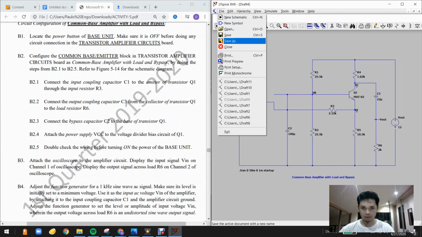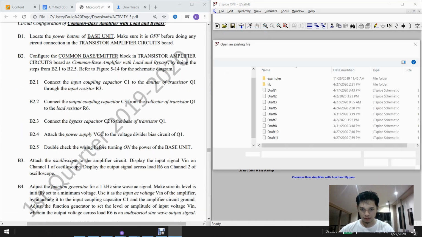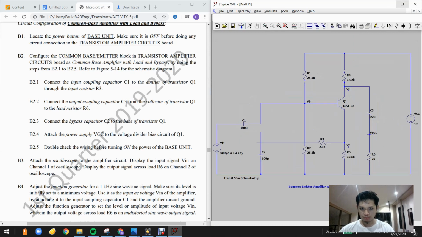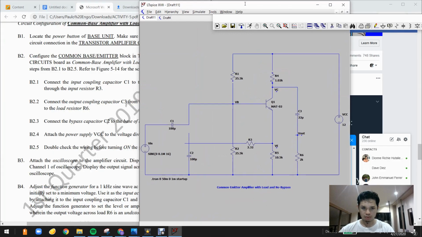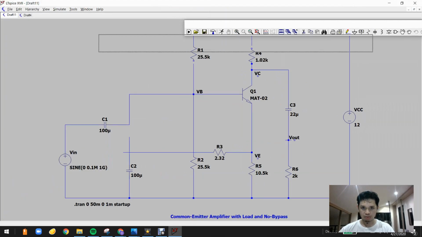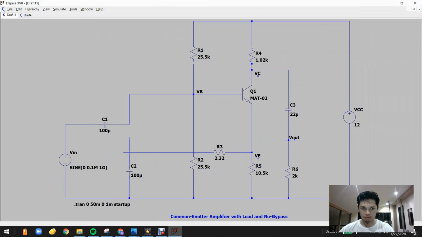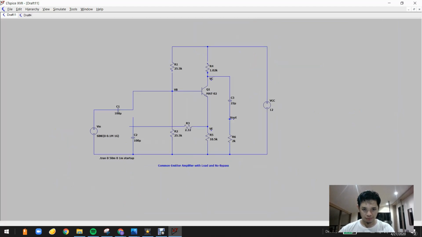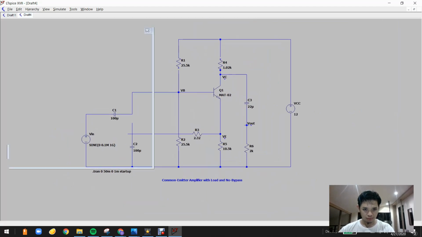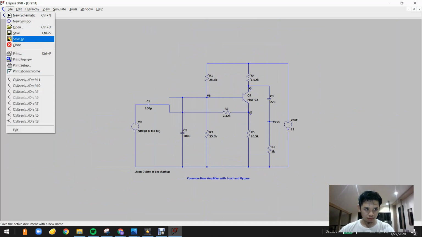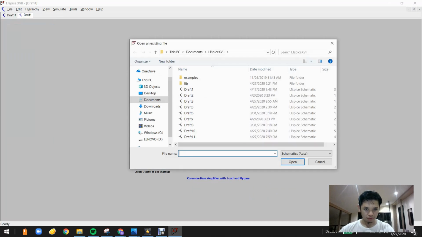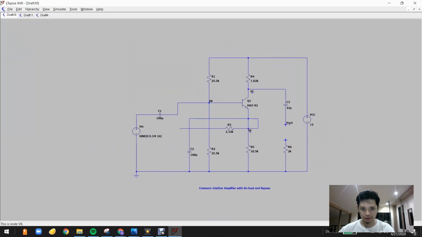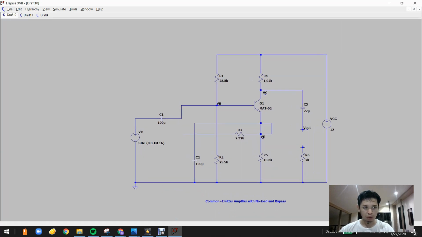Let's open. Oh, so these are the circuits that you'll need for this experiment.